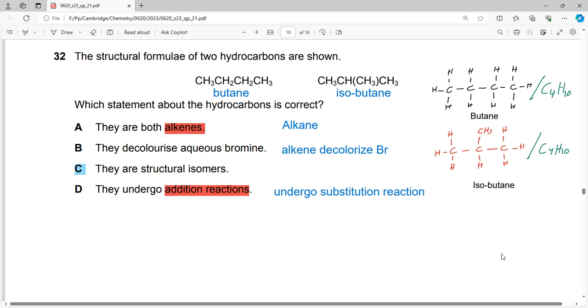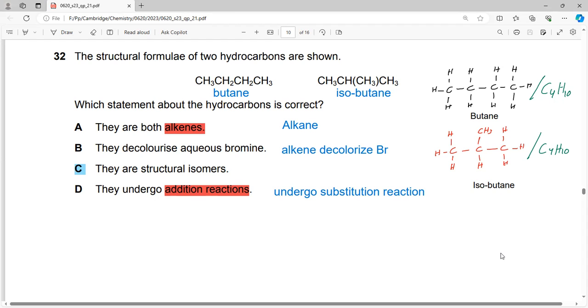In the same way, the second molecule contains the same number of hydrogens and the same number of carbons, and this is an isomer of butane. This is isobutane. So both have the same molecular formula, but they have different structural formulas. That's why these two are isomers of each other.